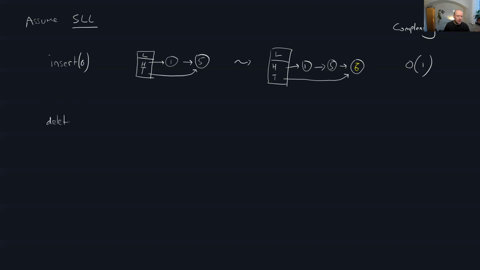Let's say we try to delete the head of the list. Again, we have a list. We'll use the same one, with 1 and 5, and it now has 6 on here.